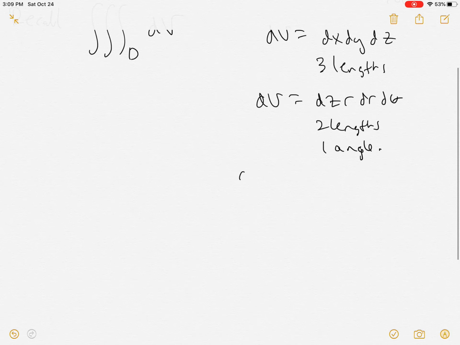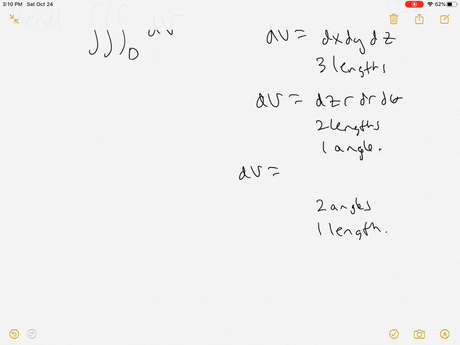And now for dv in spherical coordinates, now we're on a sphere instead of a cylinder, we have two angles and one length. And dv is crazy because here's what it looks like.